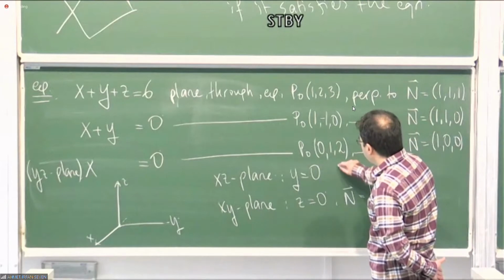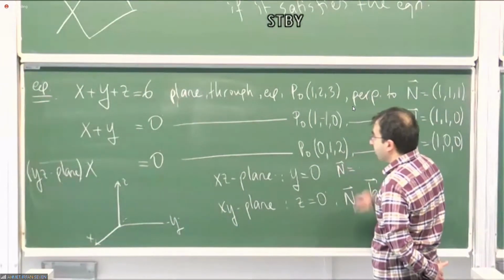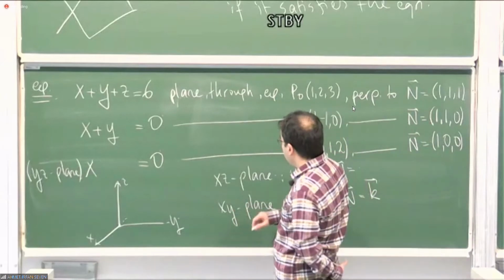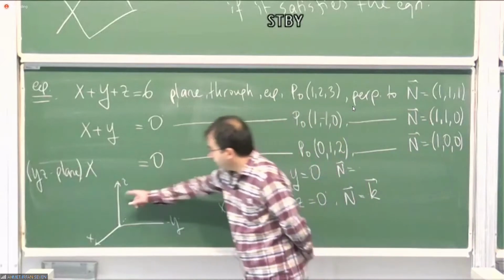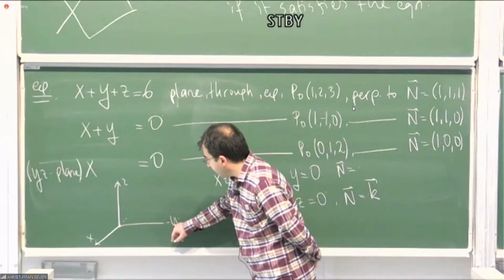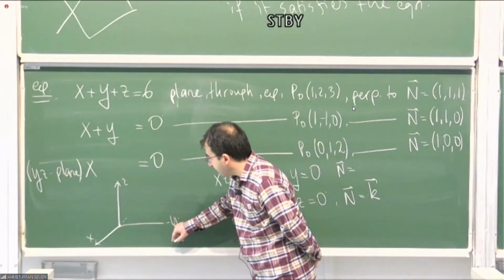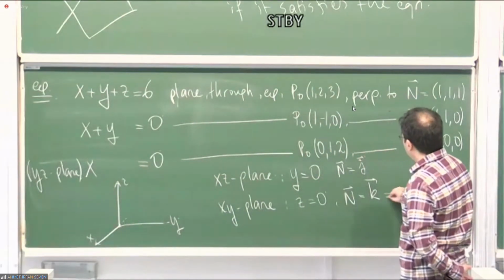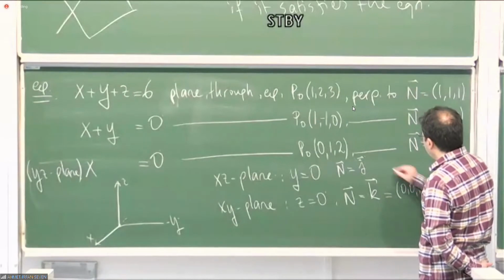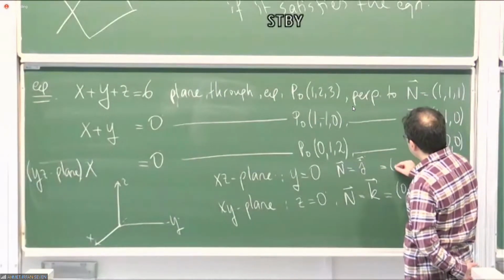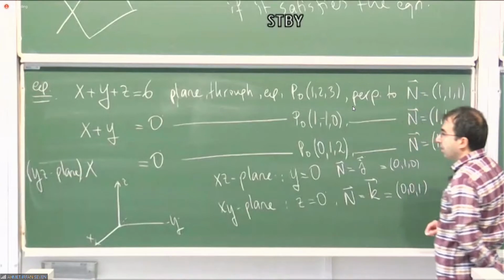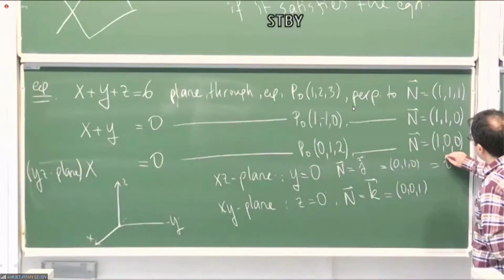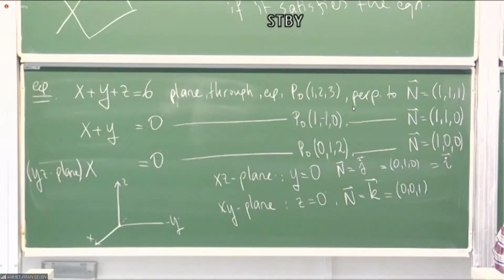Similarly, for the xz plane, we can take the unit vector in the direction of the y-axis, so it will be j, for example. Remember, k is the vector (0, 0, 1), and j is the vector (0, 1, 0). And similarly, for the yz plane, we have this normal vector, which is i.